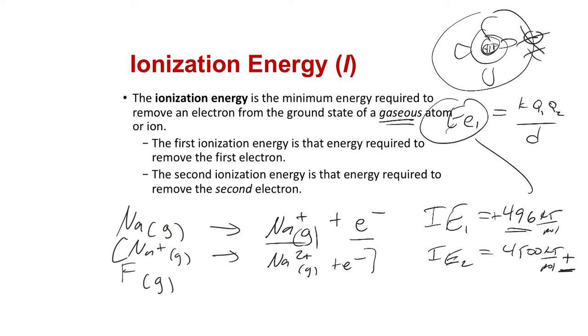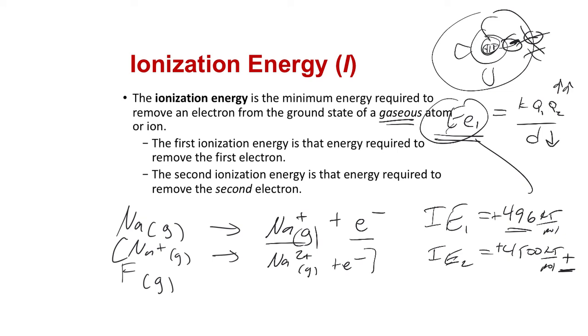And if we go to now an electron in a 2p subshell, it's a lot closer to the nucleus, so our D term is smaller. And the effective charge that electron experiences is a lot higher. That's going to correspond to both of those terms making the energy of electrostatic attraction higher, meaning more energy is needed to break that attraction.